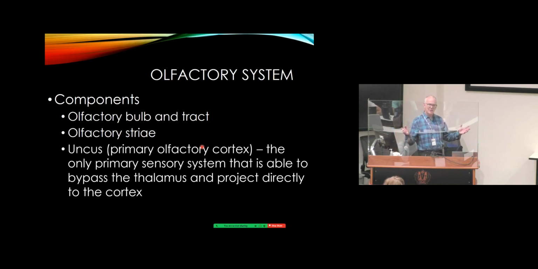And I will tell you that every bit of information, anything you can think of, vision, touch, sound, everything has to go through the thalamus on its way to the cortex. The only exception is olfaction. It has a direct connection to the cortex without going through the thalamus. Whether the perfume industry takes advantage of that, I don't know, but it bypasses the thalamus.